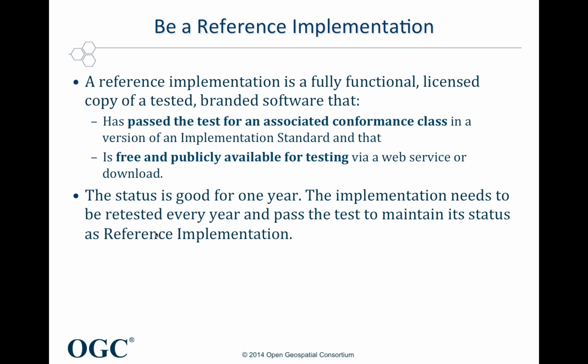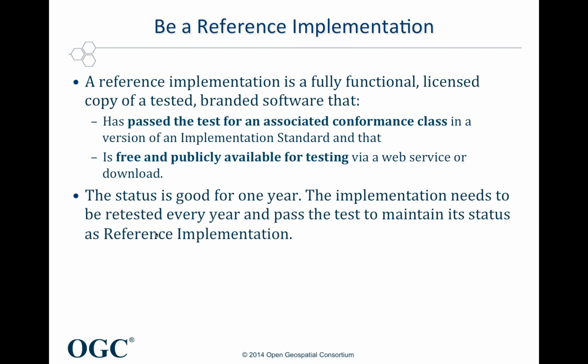Sometimes a standard has different conformance classes. For example, WFS, Web Feature Service, can be basic and transaction. Those 2 are conformance classes. So even if you are only implementing a subset of a standard, which is called a conformance class, you can become a reference implementation.